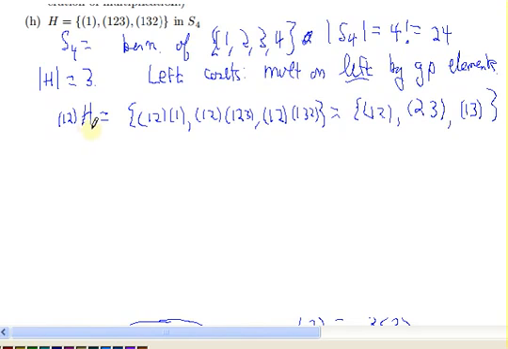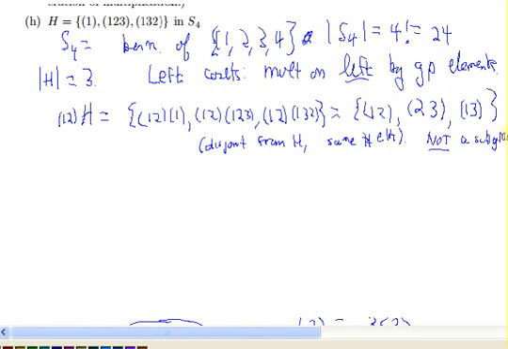Okay, notice that this is a set which is disjoint from H and has the same number of elements. Now notice also, often I find that students make this mistake. This is not a subgroup.